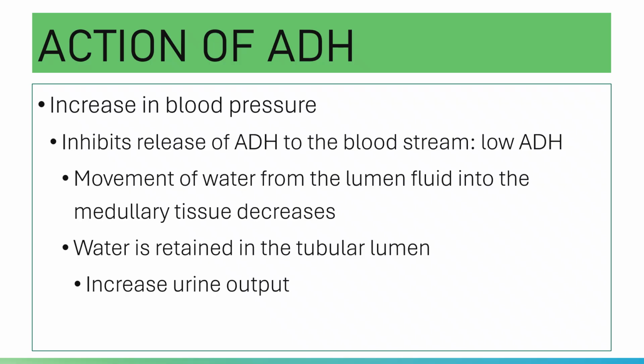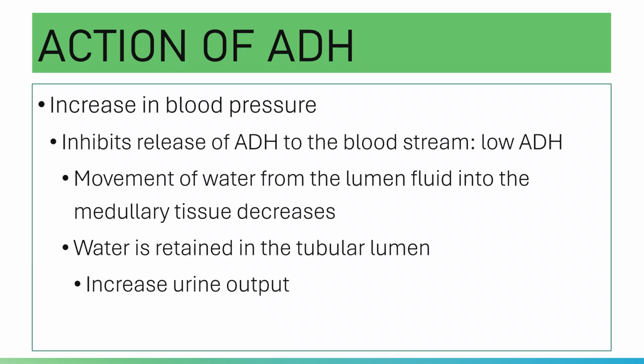In contrast, when there is a decrease in blood pressure, your vascular baroreceptors in the heart will sense it and then signal your hypothalamus to increase the release of ADH. Under ADH stimulation, the collecting tubule epithelium will change, making it more permeable to water.